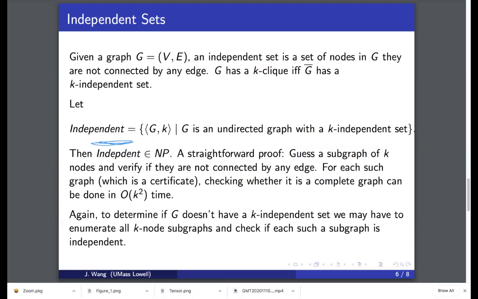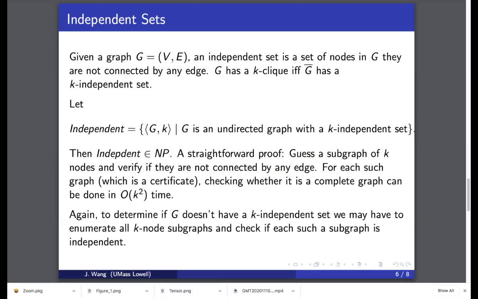That's what it means. Independent set is also in NP because, given any G and any k, I just guess a set of nodes and say that this set of nodes is independent, and then verifying whether that set of nodes is indeed independent can be done easily.